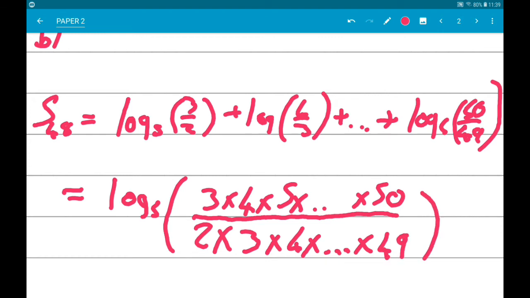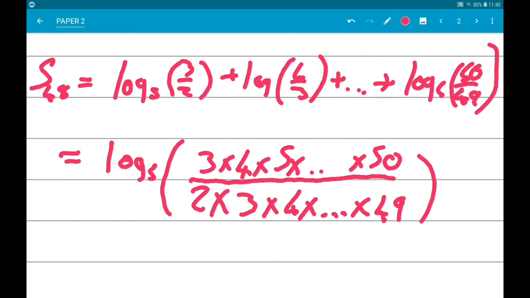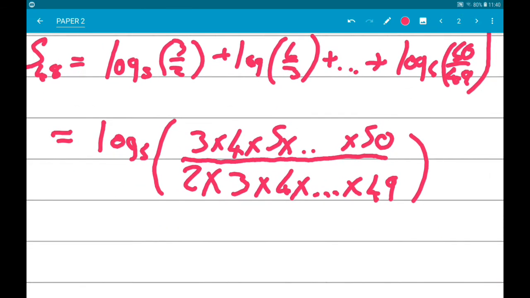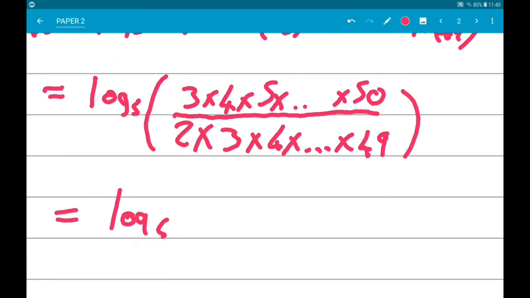Now, the top and bottom have a common factor of 3 times 4 times 5 all the way up to times 49. So, they cancel. So, we have the log of 50 on top and 2 on the bottom.